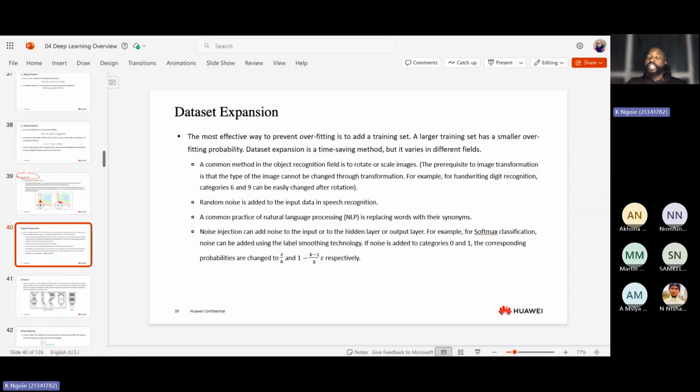An example that I can give you is, let's say you're trying to get a model to distinguish between animals, right? And then you only train with 10 pictures, and then when you're testing your model, you realize that your model is being accurate.